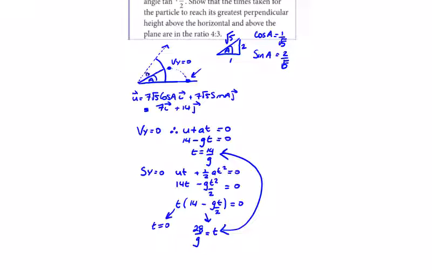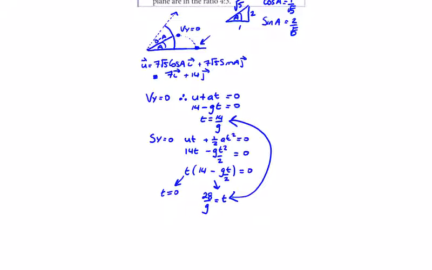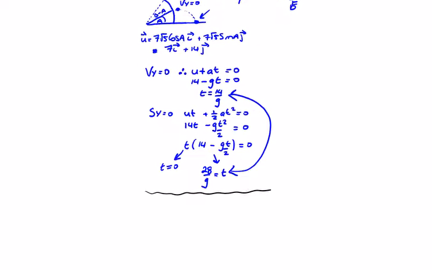It's going to be b minus a. So my vector here dealing with the incline is going to be u cos (b minus a) in the I direction plus u sine (b minus a) in the J direction.